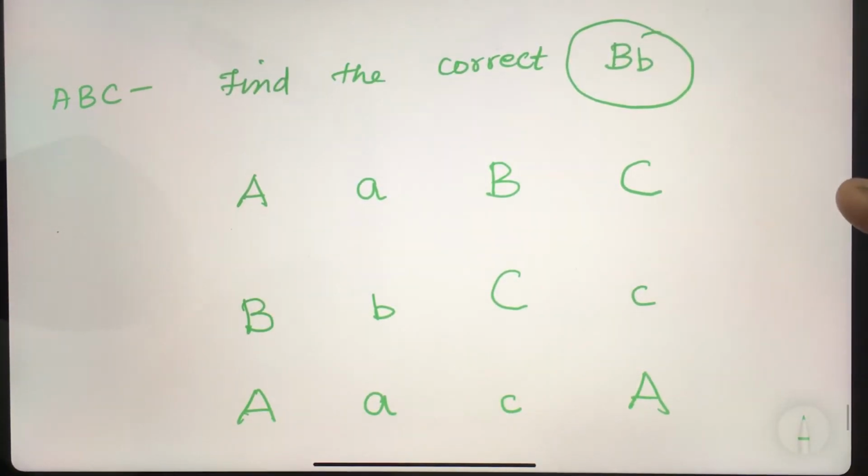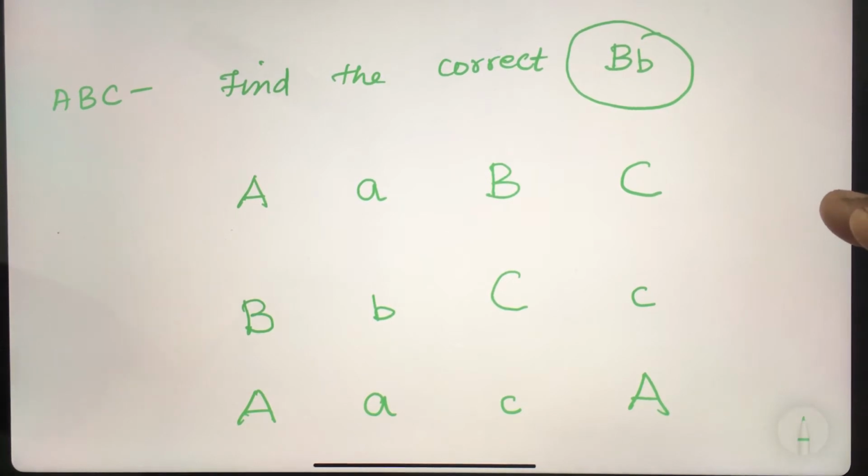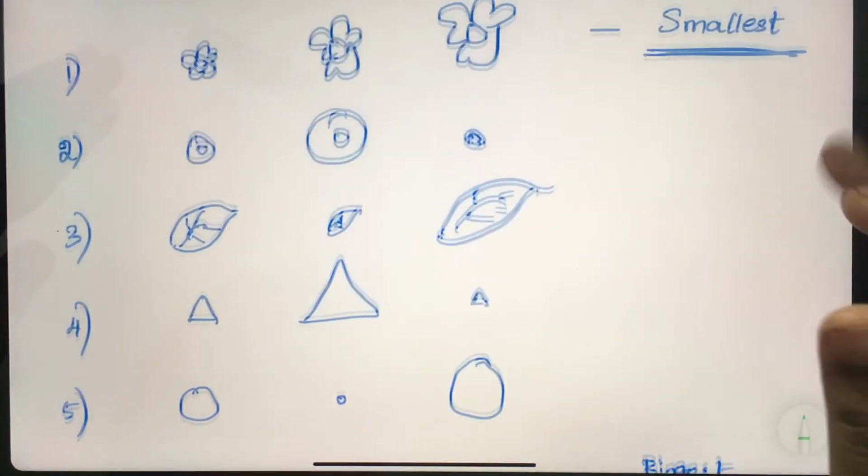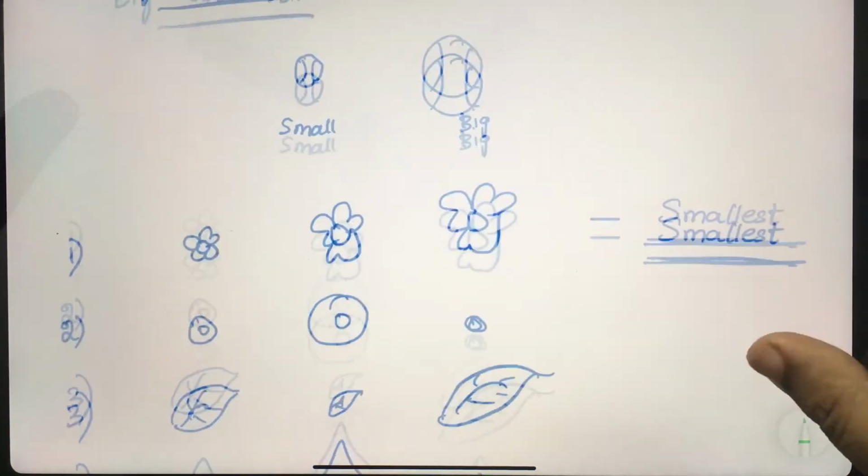In a similar way, you can give A, uppercase A and lowercase a, uppercase C and lowercase c. I have given B for them. You can give A, B or C similarly, because we have done only 3 alphabets for our kids. Now we are going to introduce the next following 3 alphabets.